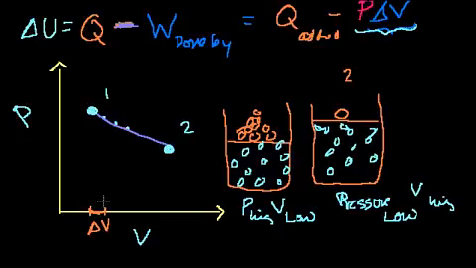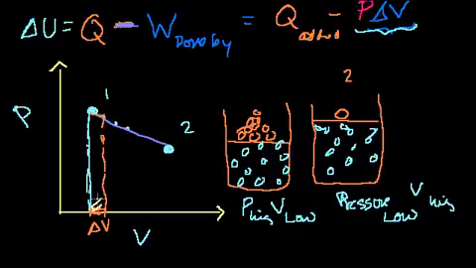Since we did it over such a small increment, and we're so close to equilibrium, we can assume that our pressure is roughly constant over that period of time. So we could say that this is the pressure over that period of time. And so how much work did we do? It's this pressure over here times this volume, which is the area of this rectangle. The area of this rectangle right there.